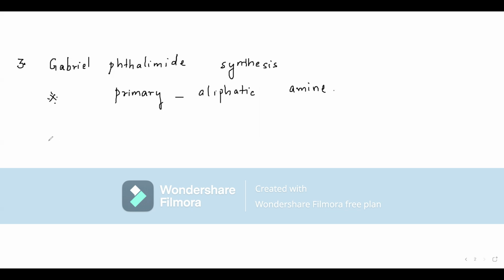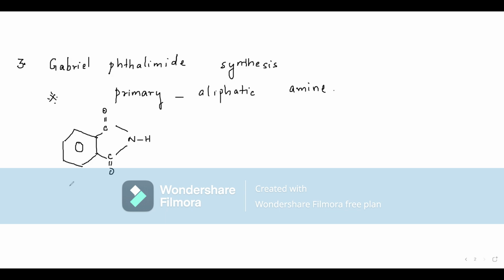Let's see what is the reaction. Okay, in this, the starting material is called phthalimide. Look at the structure of phthalimide. It has a benzene ring, C double bond O on adjacent positions, and that is connected to NH.